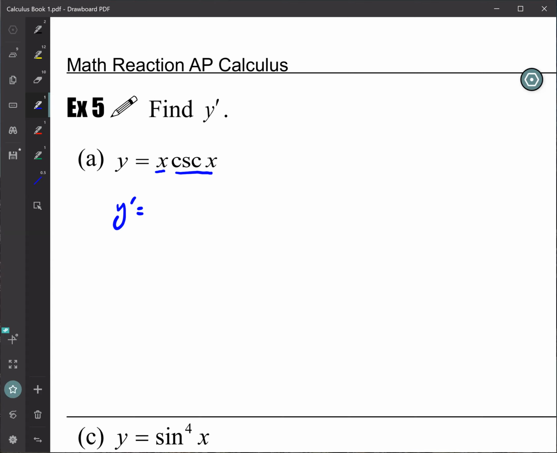Please raise your hand if you have question A. We'll check the first line, okay? After product rule, please tell me what it looks like.